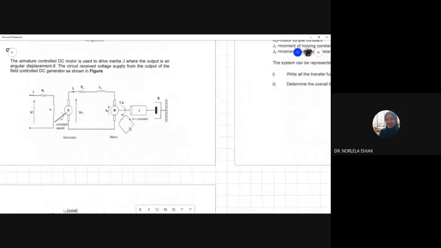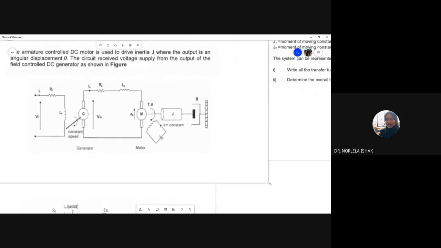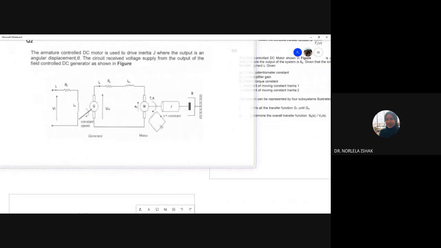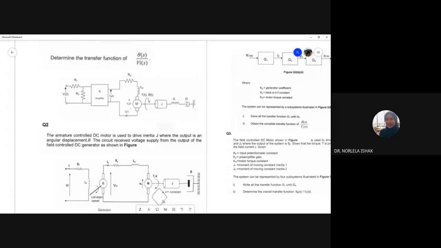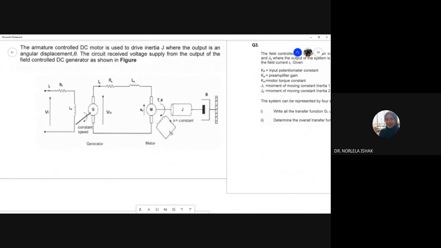How about question number 2? This one is quite blur. When I zoom, it's okay. Who can simplify, or who can give the system here? What system or what subsystem you can see from this circuit?